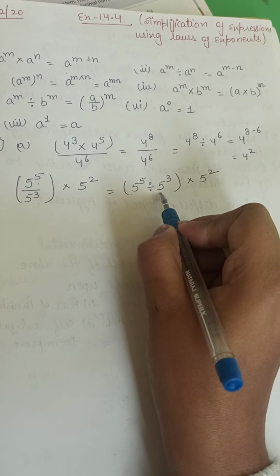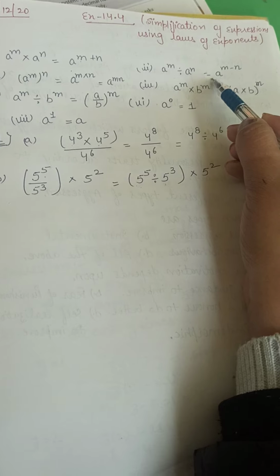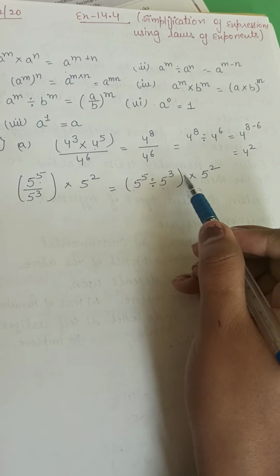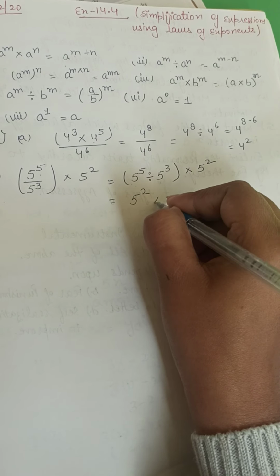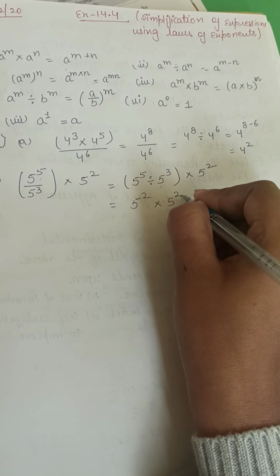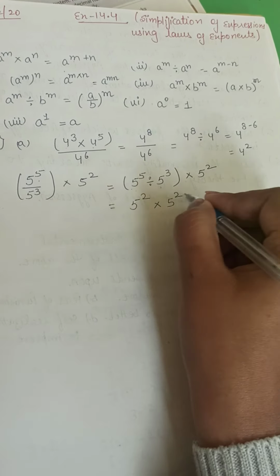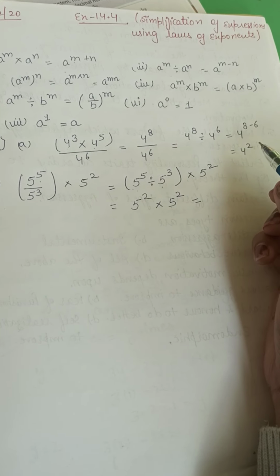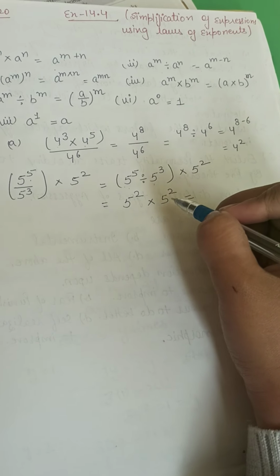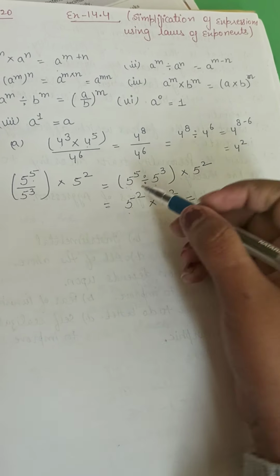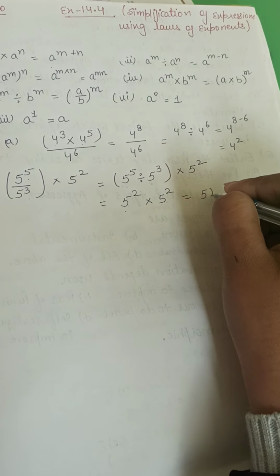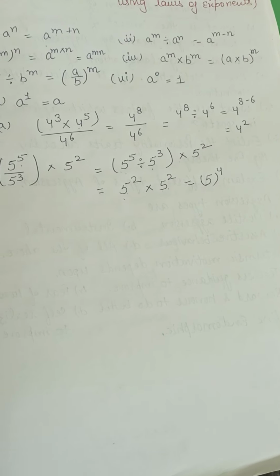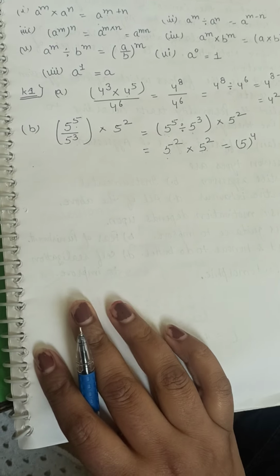Here this is in division, again we will use this formula. 5 minus 3, it equals 5 to the power 2, multiplied with 5 to the power 2. Base is the same, power is also the same. Either you write 5 multiplied with 5, 25 to the power 2, or you write 5 to the power 4. Both answers are correct. Clear?